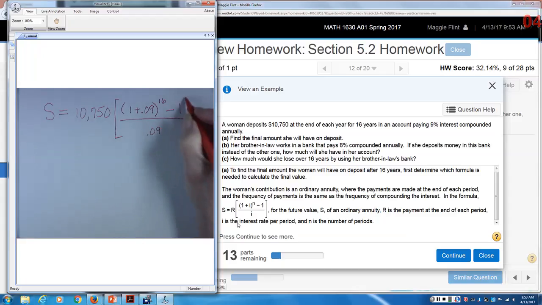Which formula are you using? This one right here. Is the power a negative? I can't really see that. The power is not negative on this one. That's why I wanted to get another marker. I knew this one was starting to dry up. That's the only one I got.